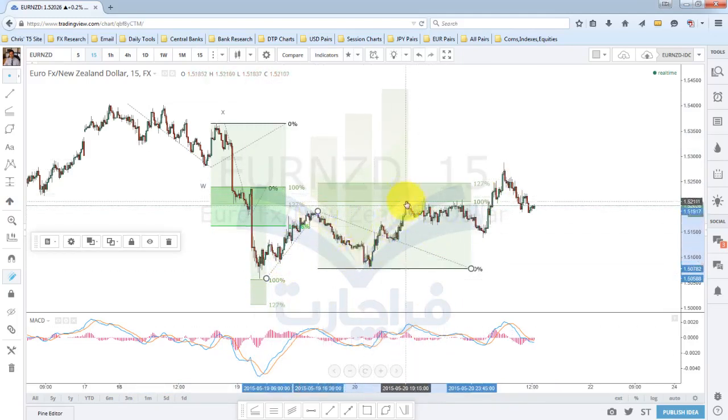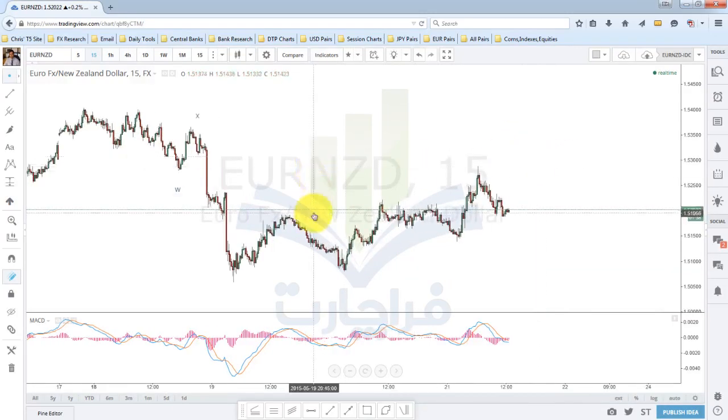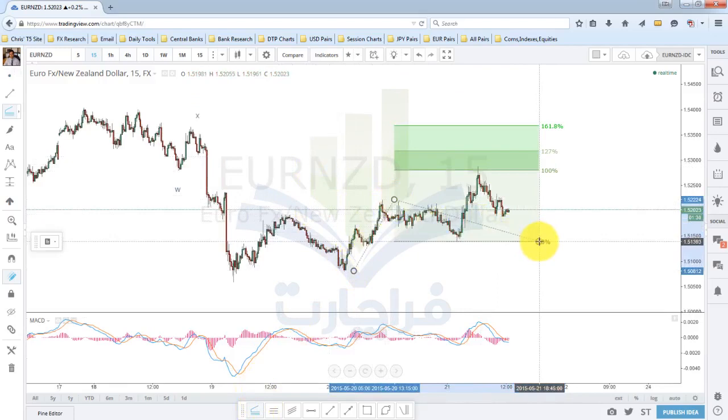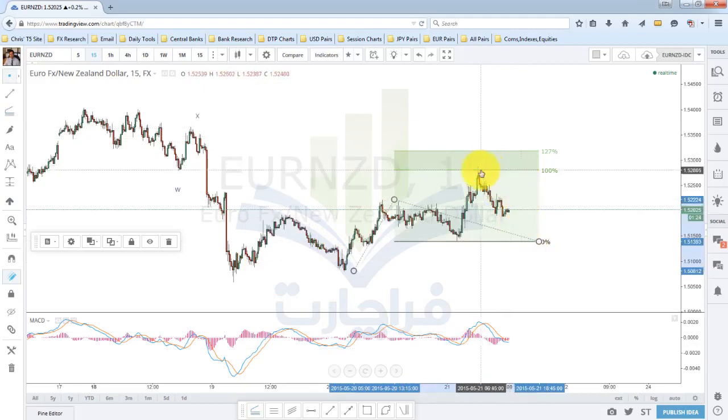Right to the 100%, that's equal legs. Let's measure the next cycle. Sorry about that, hit the wrong button. All right, the next cycle right here, from our high to our low. Get rid of that 1618 so we can see this better. Equal legs 100%.